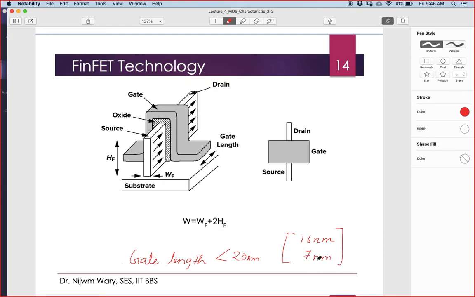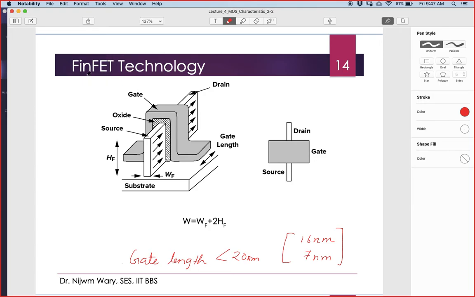Currently the industry is using the 16 nanometer and 7 nanometer processes, mostly 7 nanometer. Many chips are getting fabricated in a 7 nanometer process. In that process the design is no longer a normal planar kind of design. They have changed the structure of how a CMOS looks, and this is called FinFET technology.